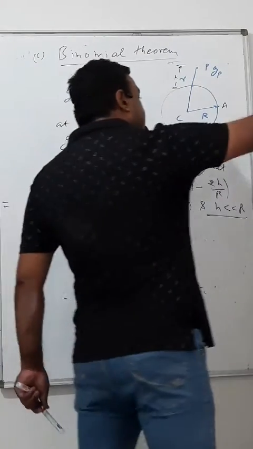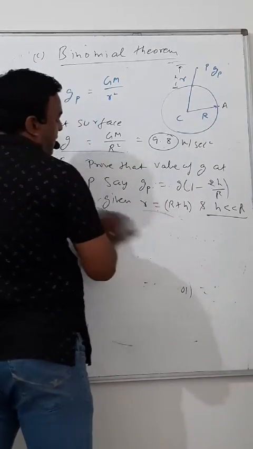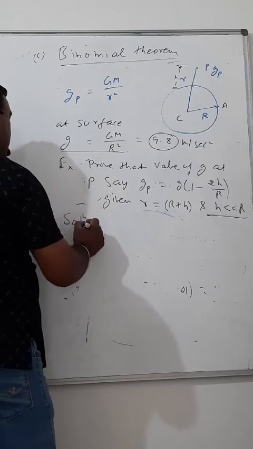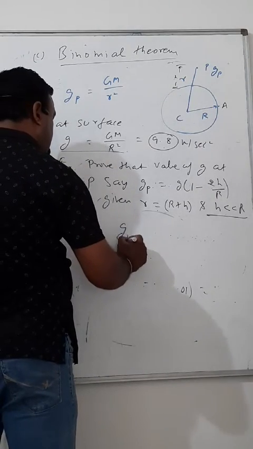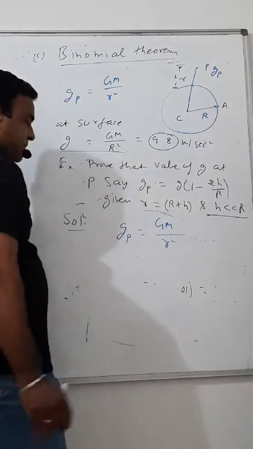Let me prove it. We are just taking here h is far less than R. Look, g at P is GM by r squared.